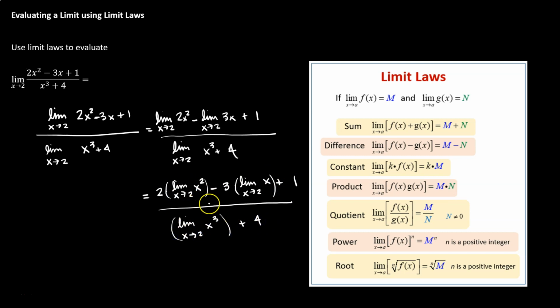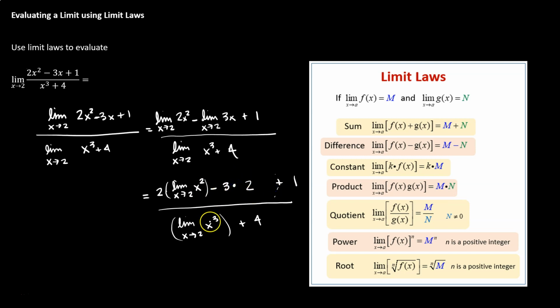Now I've factored out the constants, and I'm looking to see if there's anything that can be evaluated. And it looks like I have one of the basic limit laws here, the limit of the function x, where x is approaching 2. So I'm going to go ahead and replace that with the value, which would be 2.